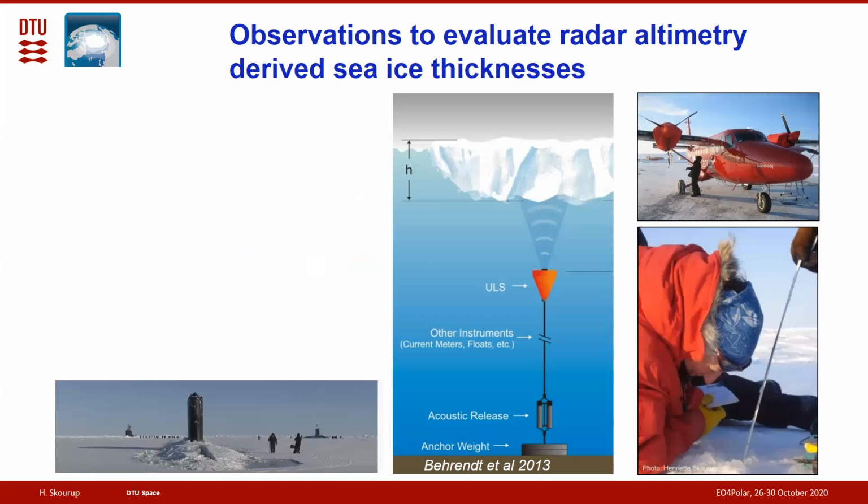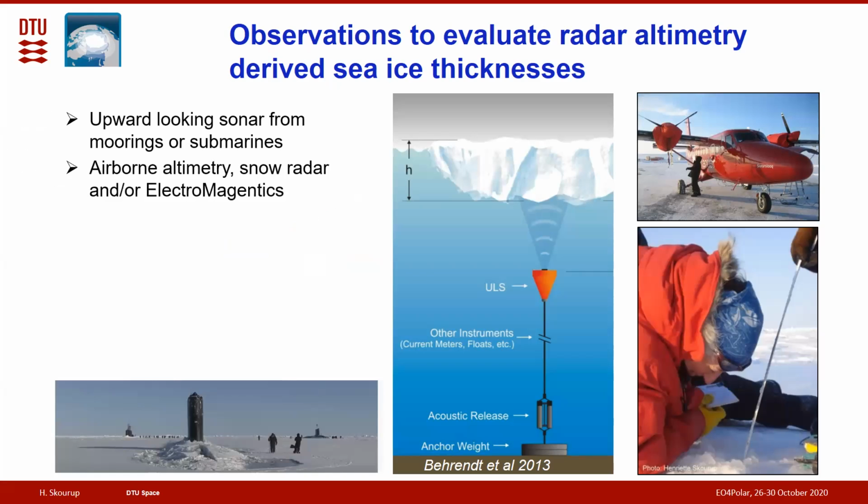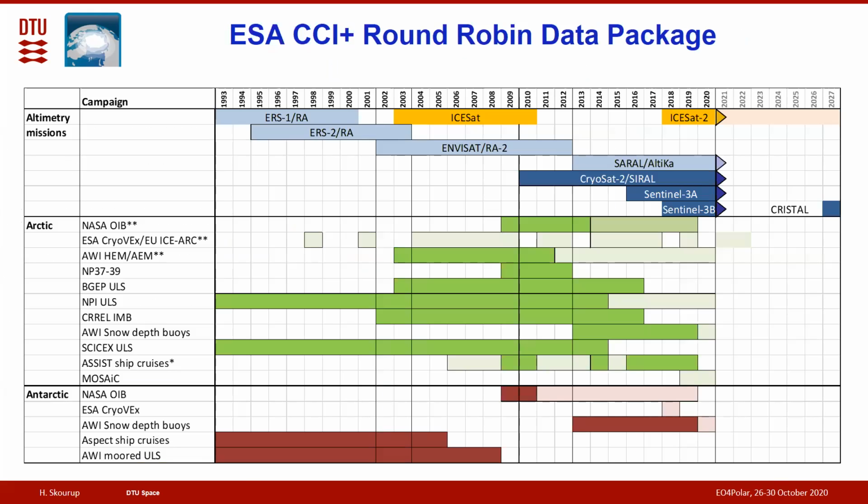The observations that we have collected here are based on upward-looking sonar from moorings and submarines, airborne altimetry, snow radar and/or electromagnetics, ship observations, in situ drillings, and autonomous drifting buoys that include ice mass balance buoys and snow depth buoys.